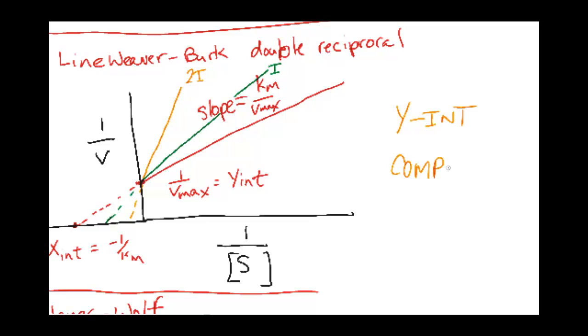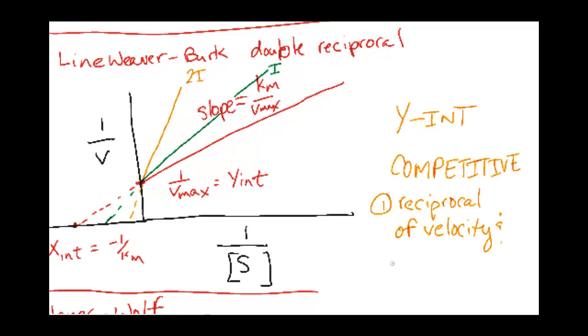This is a mode of inhibition that will have its own video dedicated to it, but just kind of showing you what you might use a Lineweaver-Burke plot for. So if you're given data, you could take the reciprocal of your velocity and of your substrate concentration, and then plot them.